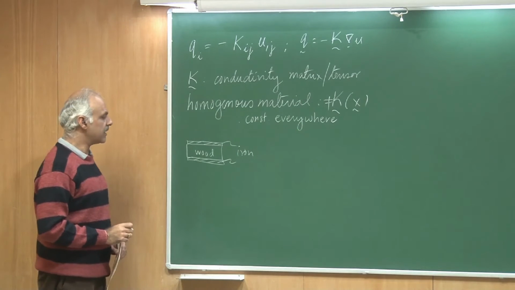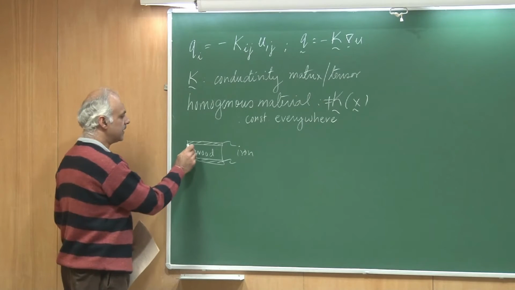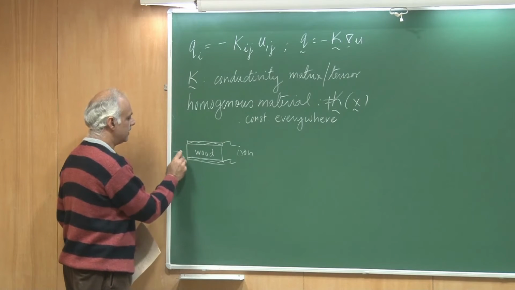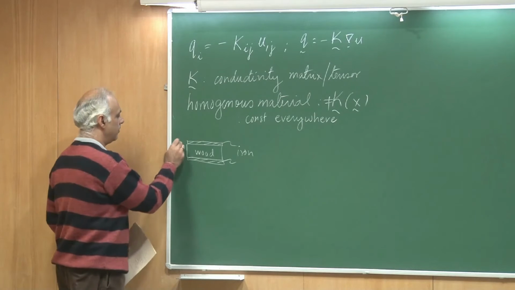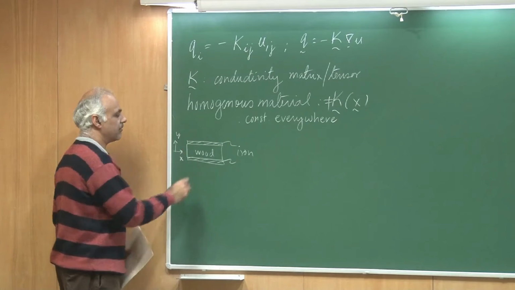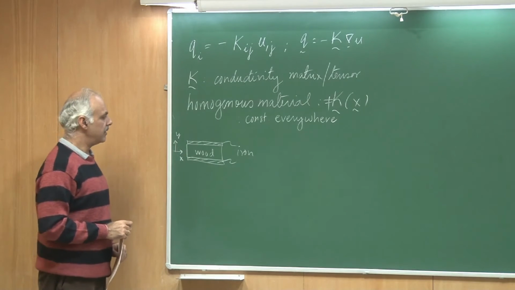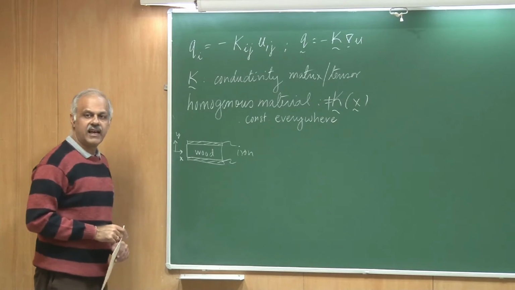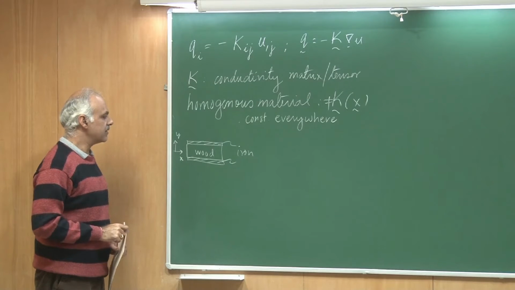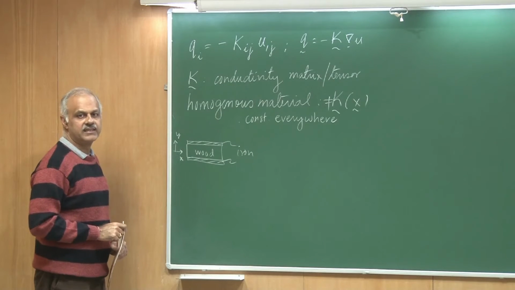And then if I look at the conductivity, so perhaps this material has a good conductivity along the x direction, but it has poor conductivity along the y direction. So in general, a material can have conduction which is different in different directions.